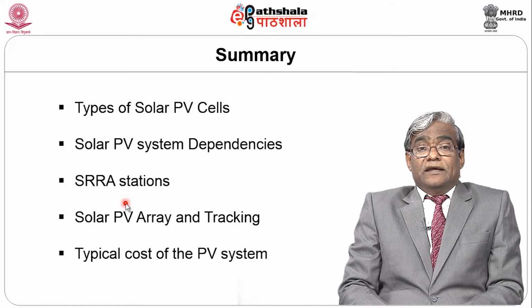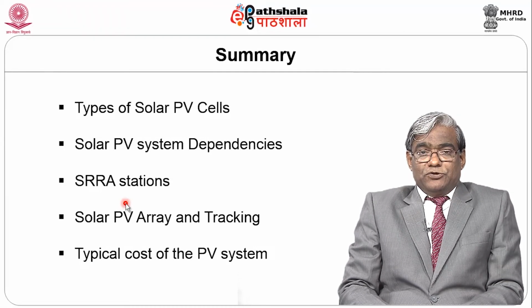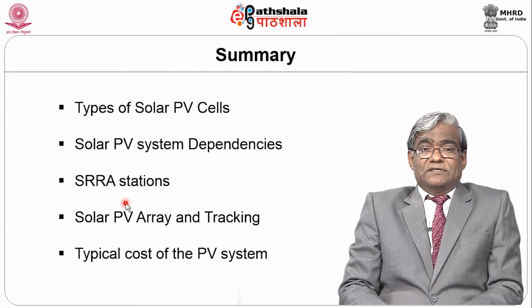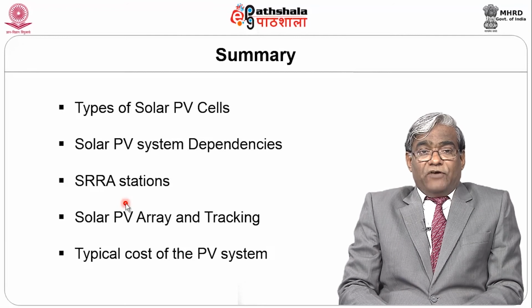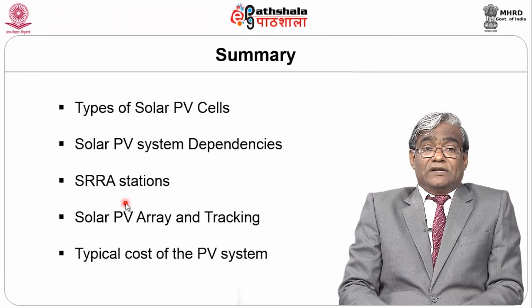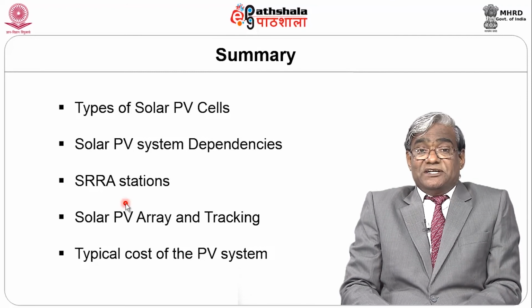Not only that, it has to be tilted according to the latitude, and in Chennai it is about 13° latitude. Our solar photovoltaic system should be tilted to 13° and always face south, and for this the SRRA stations are very helpful, that is, solar radiation resource assessment stations.